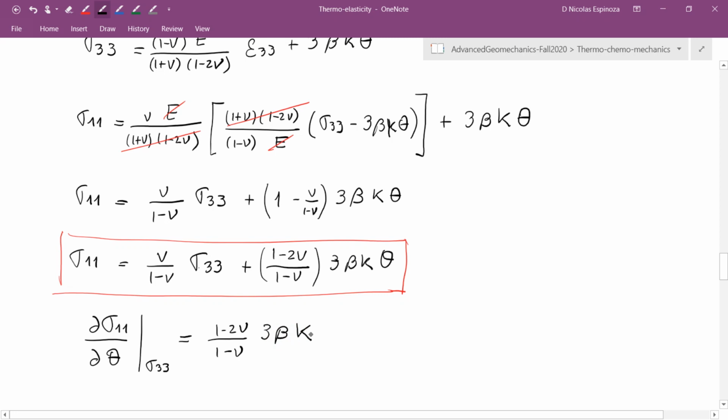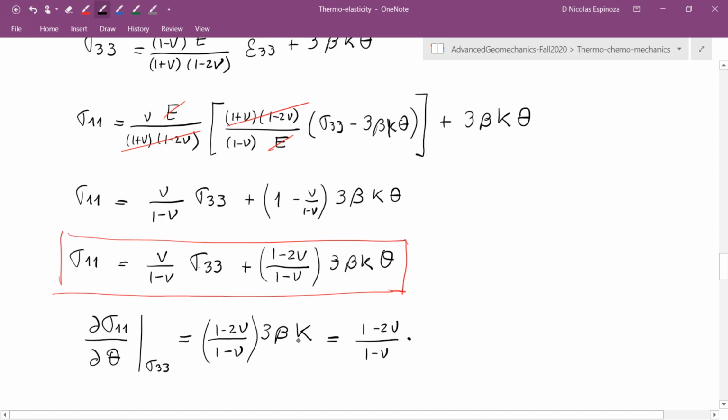And this is not the end of the formulation here, because we can also use, to avoid confusion, let me put all of these between parentheses. We're going to use the equivalency of the bulk modulus in terms of the Young modulus and the Poisson ratio.